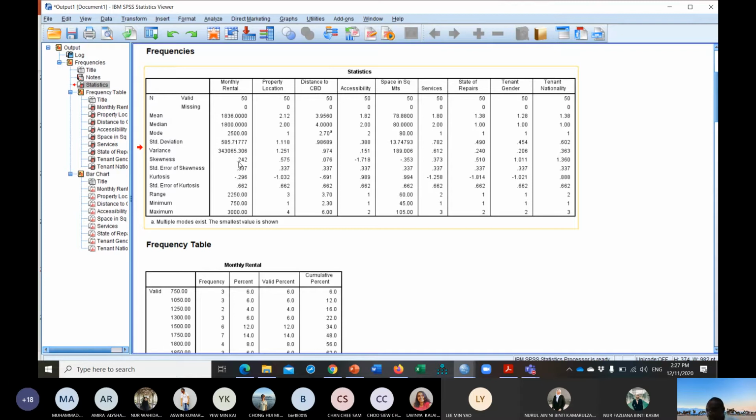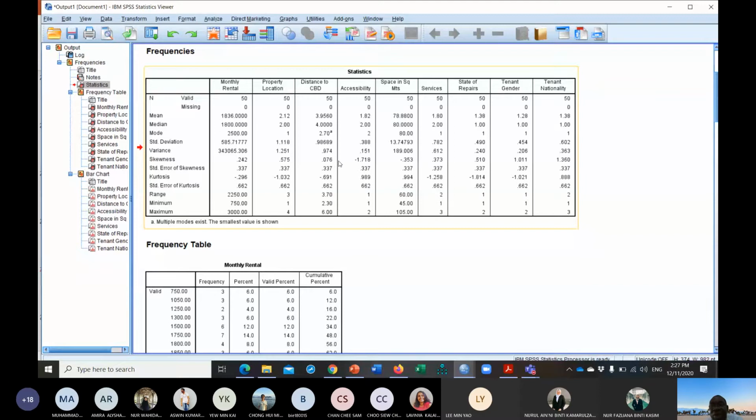I will tell you why we want to know whether it is normal or not normal later. So let's go on and look at all the ranges for the skewness. The property location is normally distributed at 0.575. Distance to CBD is 0.076, and 0.076 is still less than 1.96.